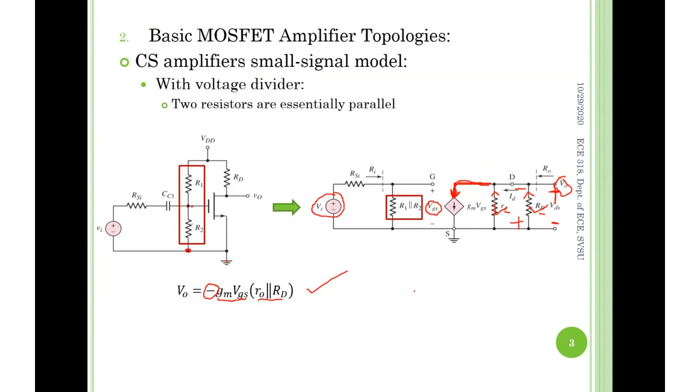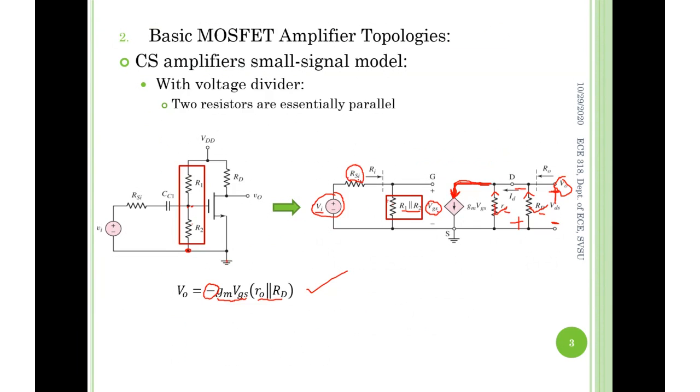Very good. Kevin is suggesting a voltage divider. So obviously, voltage divider means R1 parallel with R2 is sharing the total VI with whom? RSI, right? So these two are series connected and sharing the total voltage VI.